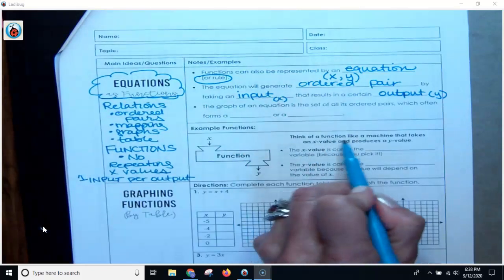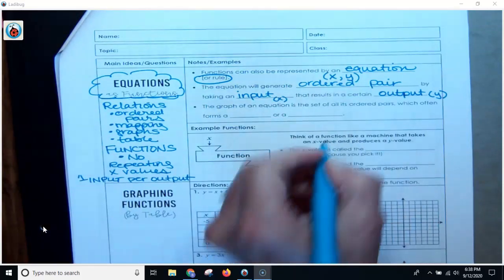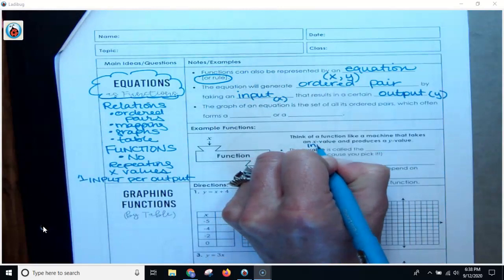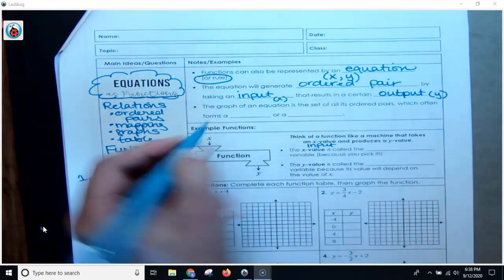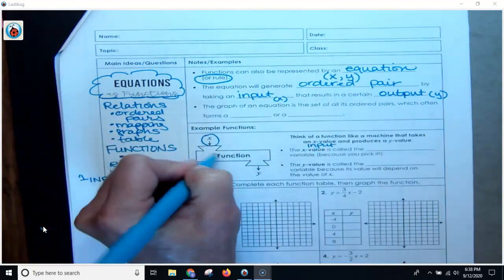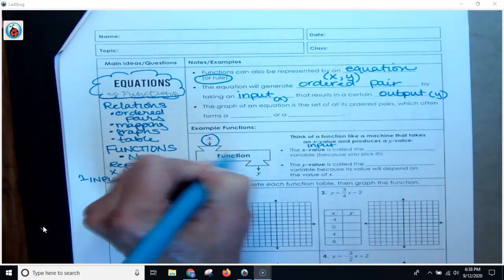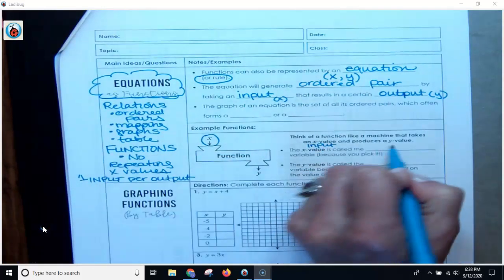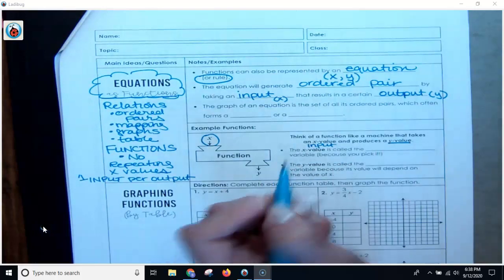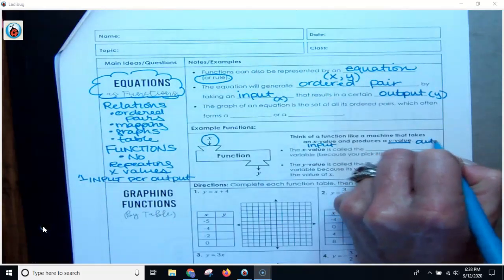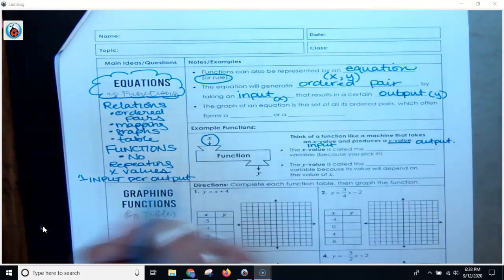Think of a function like a machine that takes an x value or an input, something you put inside the machine, the function messes around with it, and it produces an output.